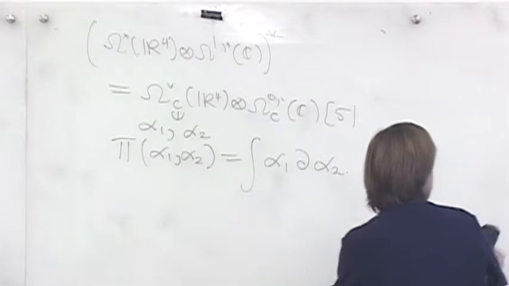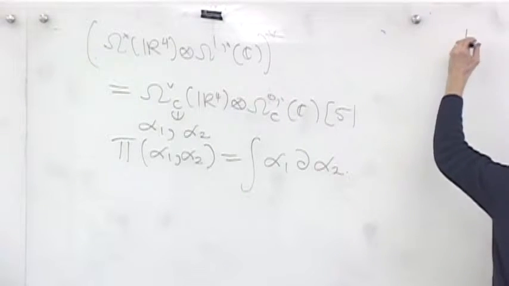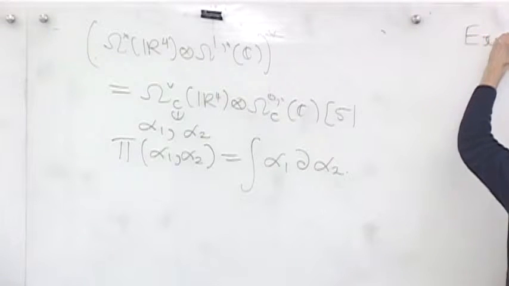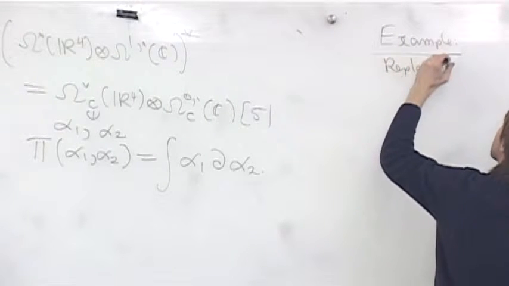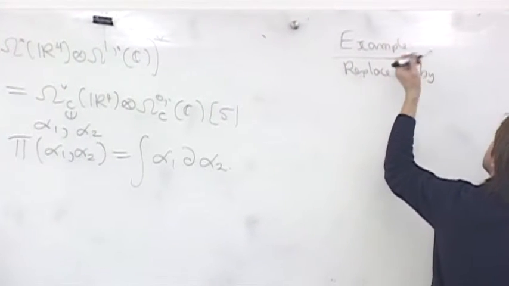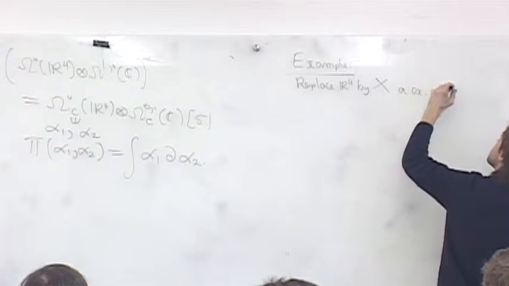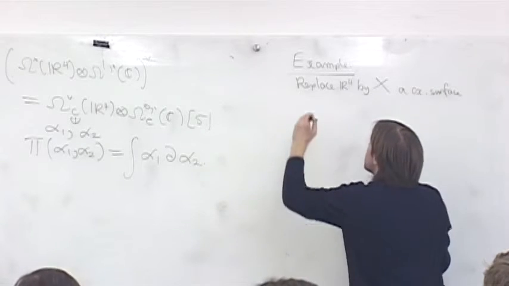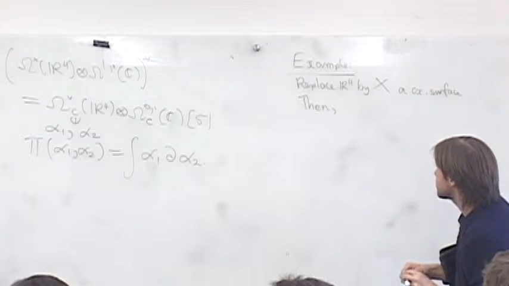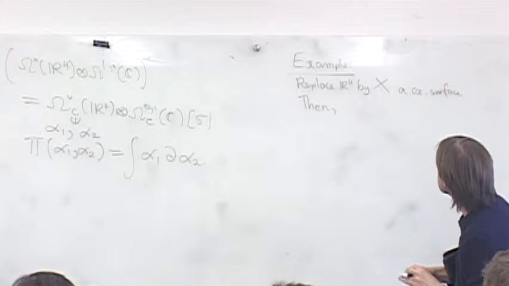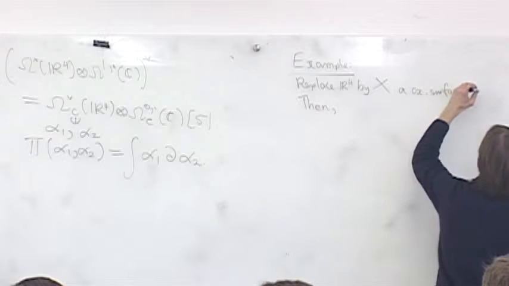Okay, so why is this a reasonable thing? So example, replace R4 by, say, X, a complex surface, say a K3 surface or something like that, then what we find, which is this is compact as well.